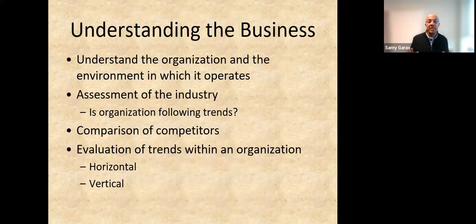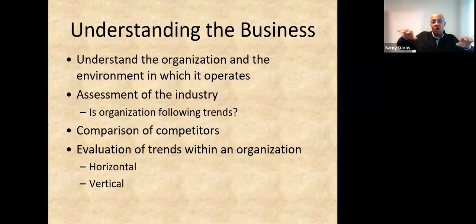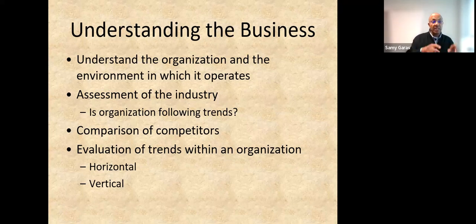Number two, the fraud examiner or the auditor has to understand the business, the industry, the competition, the regulation, the assessment of the industry, and the trend of the company. When I say horizontal or vertical, it means the growth of the company horizontally over the years, and vertically, the expansion of the company within one year.